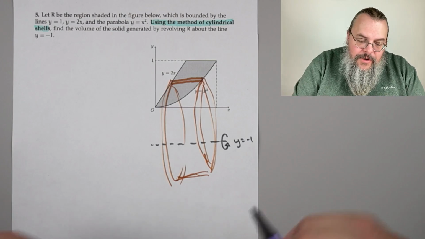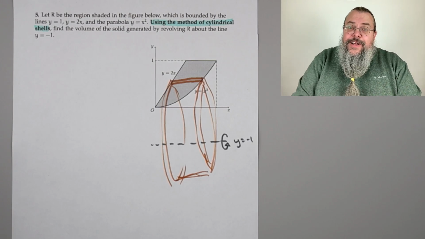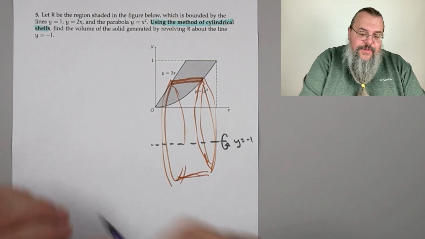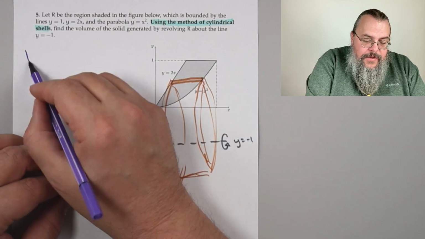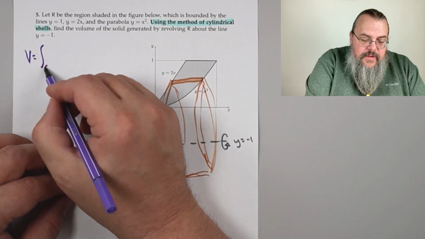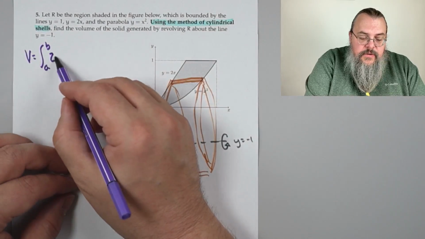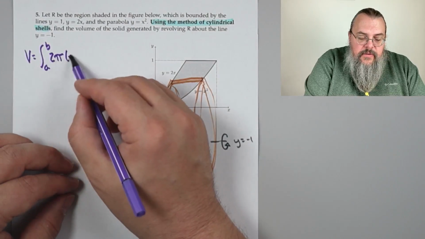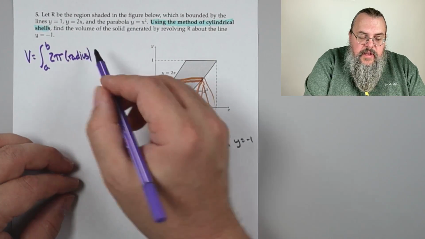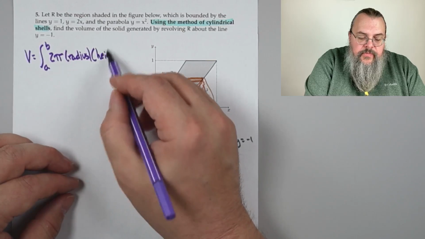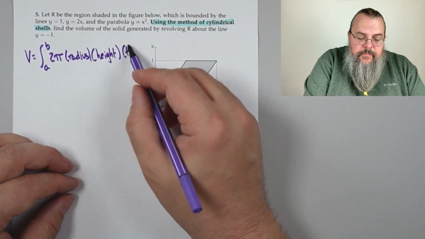So let's recall, how do cylindrical shells work? The volume is you're adding up start to finish: 2 pi, a radius, a height, and a thickness.